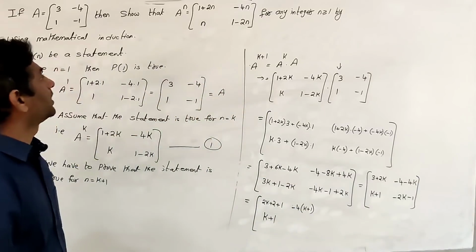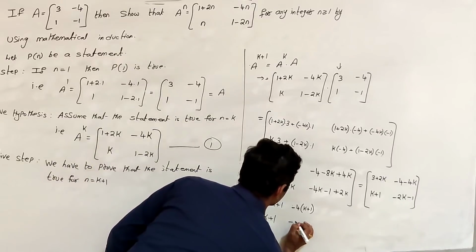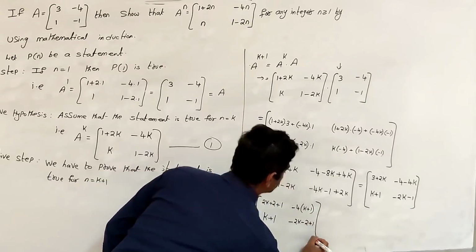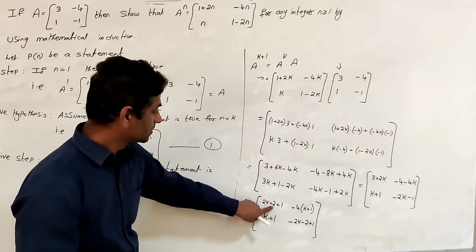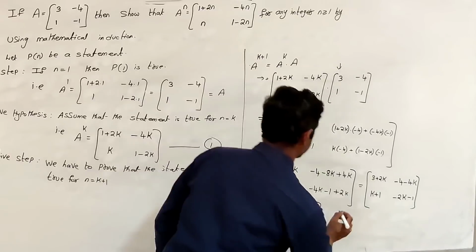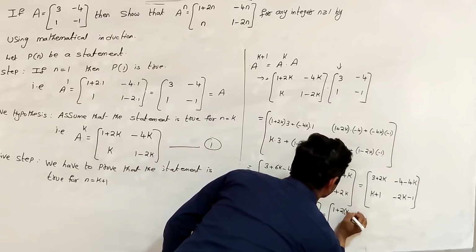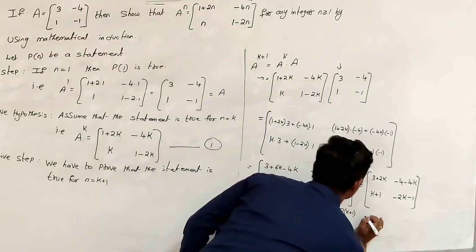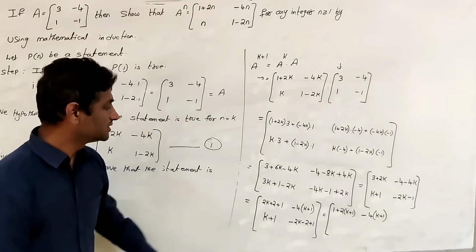Minus 2k minus 1 can be written as minus 2k minus 2 plus 1, since minus 1 can be written as minus 2 plus 1. Now from this 2k plus 2, we can take 2 common: 1 plus 2 times of k plus 1. So again 2k plus 2 plus 1, and this will be, as it is, minus 4 times of k plus 1, and this will be, as it is, k plus 1.